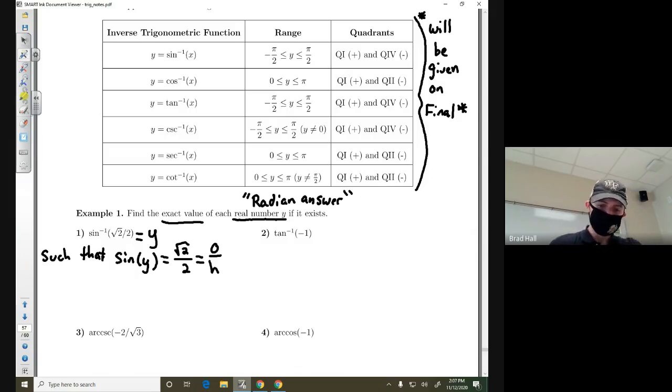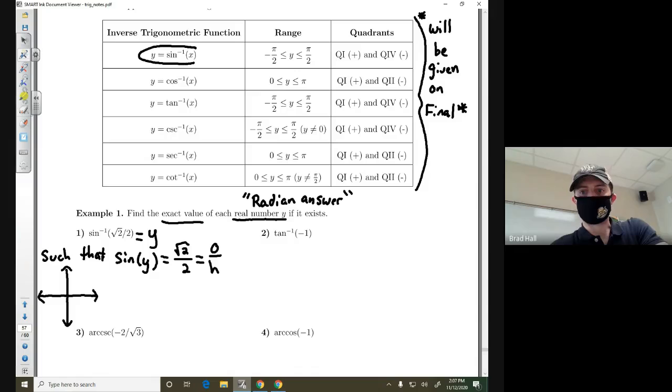So that implies a triangle of some sort. But the question is, how do we triangulate? That's where the table comes into play. So what we have is sine inverse.